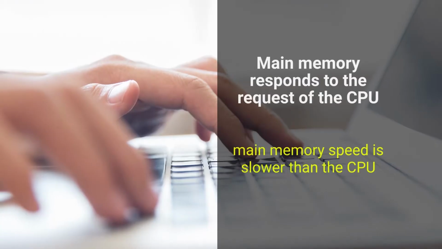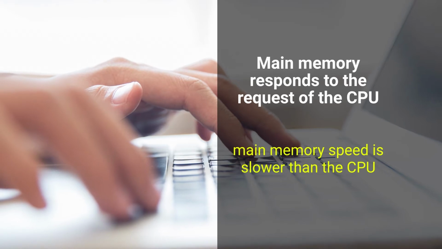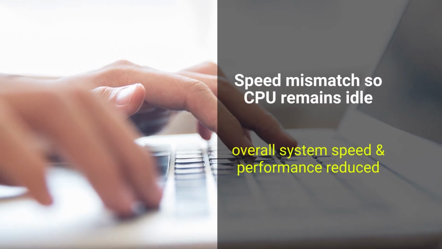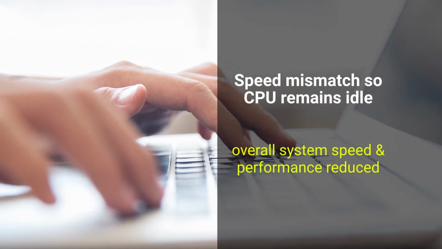Now, if we summarize before proceeding further, we should realize that to perform any operation on the computer, it is the CPU that instructs to get the data from the main memory for processing. But when the main memory responds to the request of the CPU, there is a speed mismatch, because the CPU executes faster than the main memory.